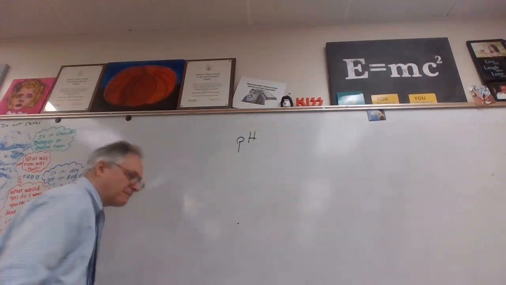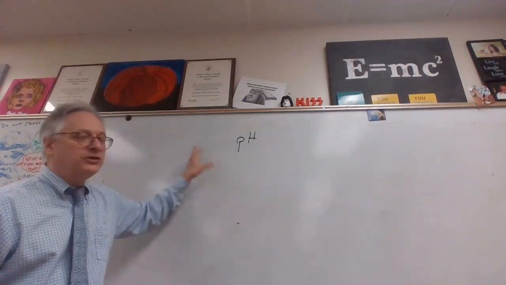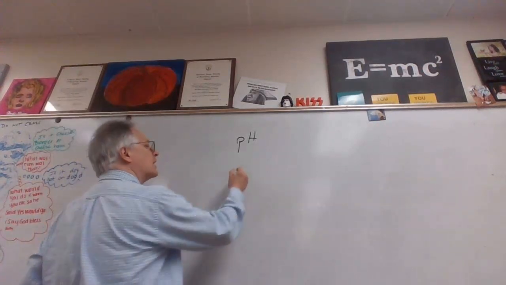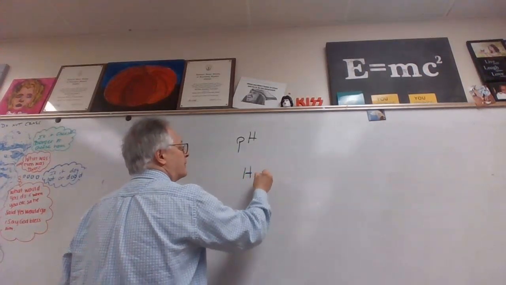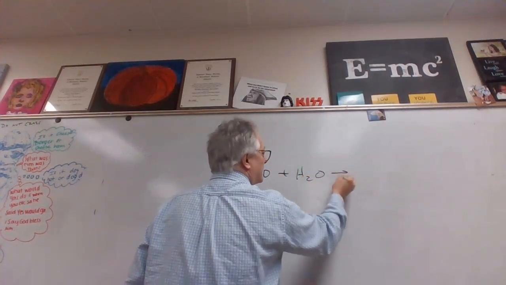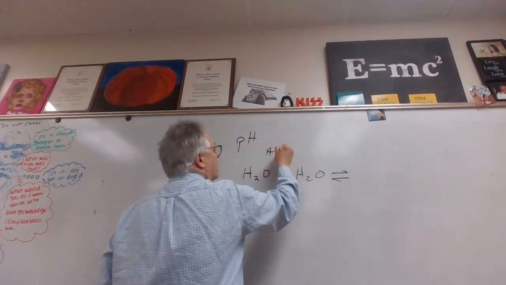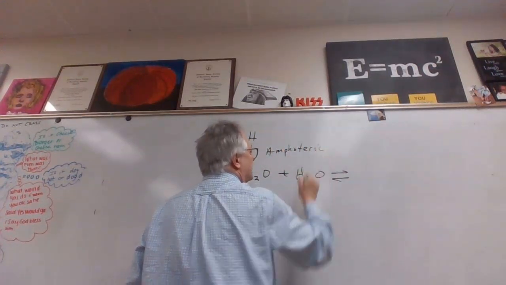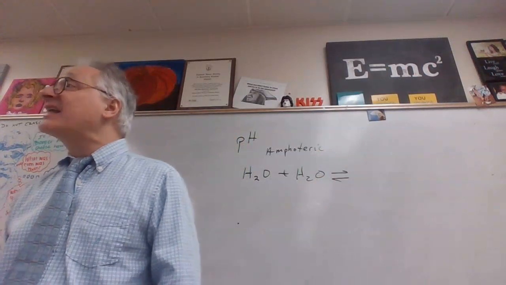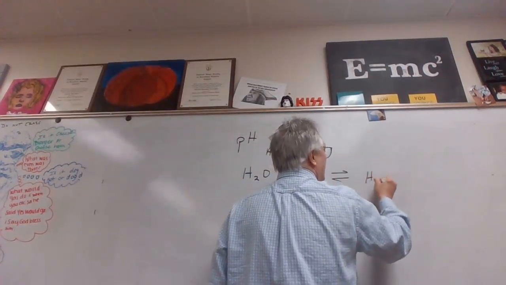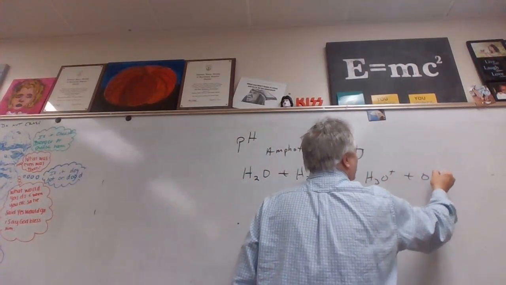Close enough. I'm going to teach you something about logarithms when we need it. But first of all, I want to talk about these types of reactions, or these types of situations, where we have an amphoteric substance. Remember that word for tomorrow, amphoteric substance, a substance that can act as either an acid or a base, and we would get H3O plus OH minus.